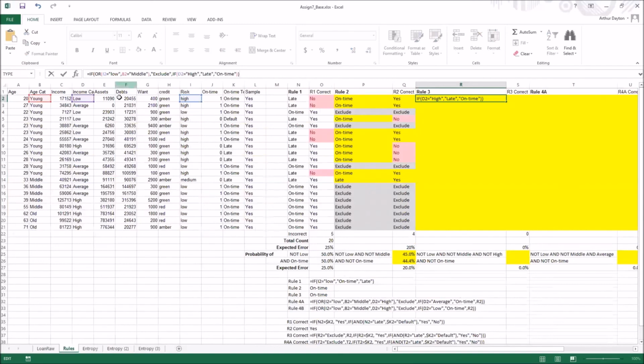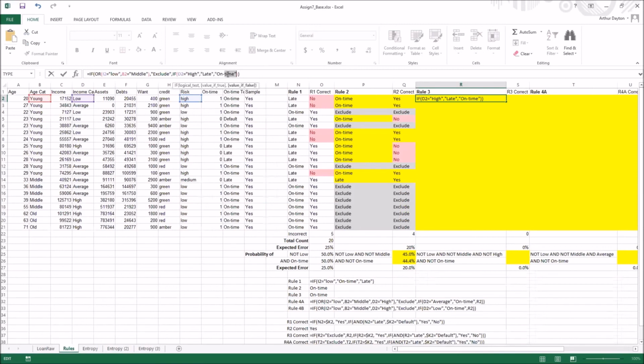And you can see that we are using this OR operator. The essence of this is to say, if our first two rules have not been applied, then if income is equal to high, we will predict a late outcome.